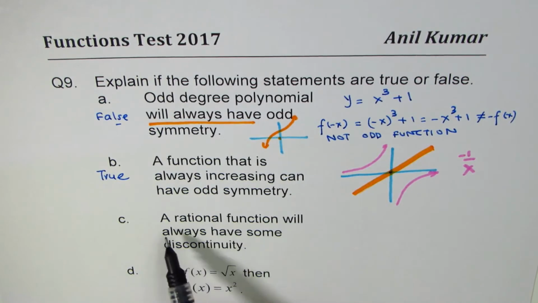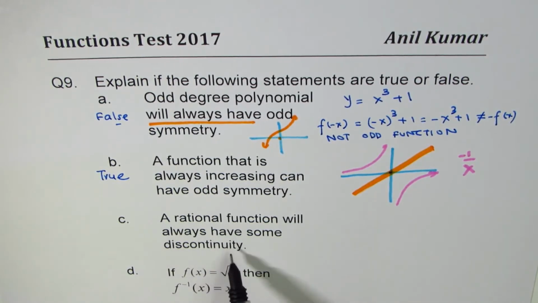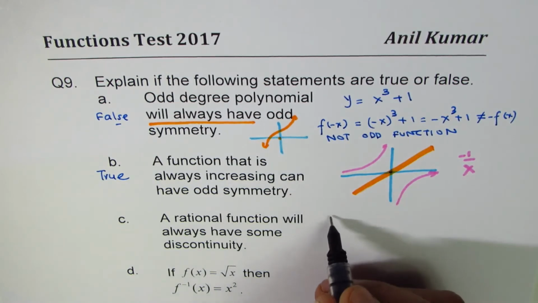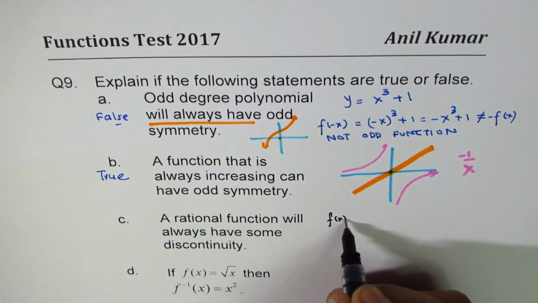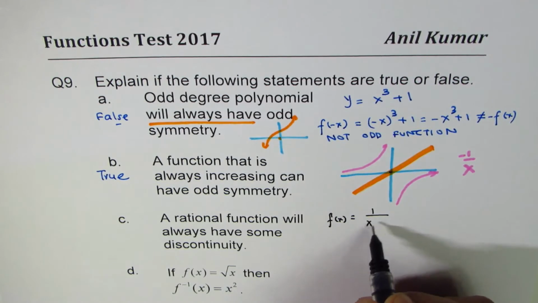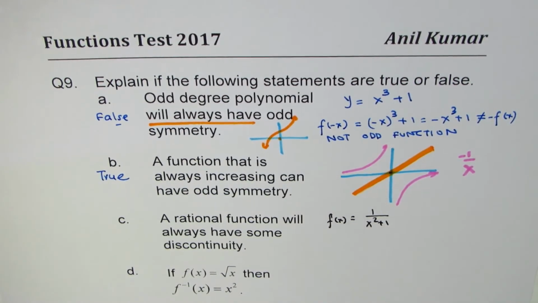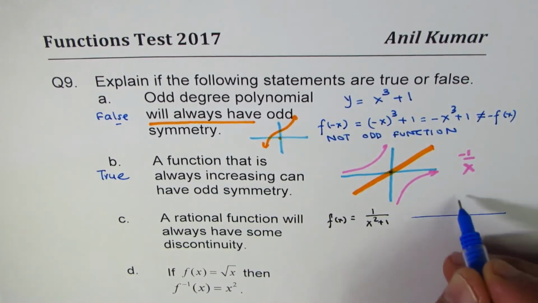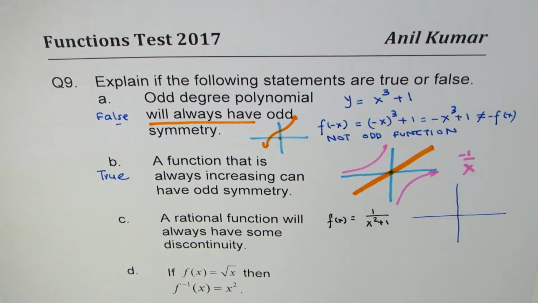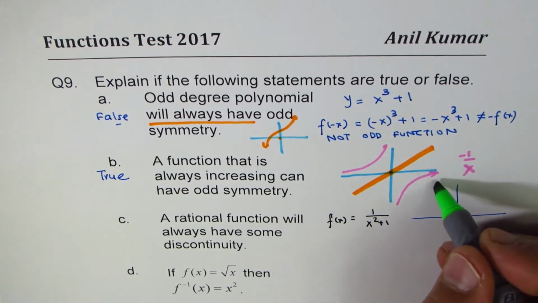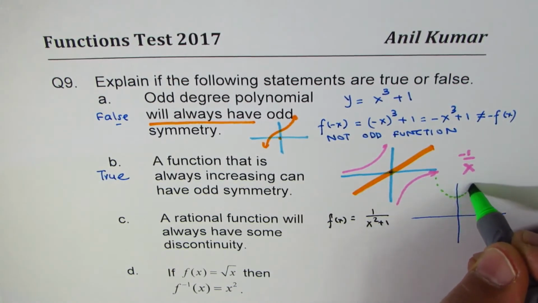Next statement is, a rational function will always have some discontinuity. Let's take example of f of x equals 1 over x squared plus 1. If you sketch this function, x squared plus 1 is kind of like this.